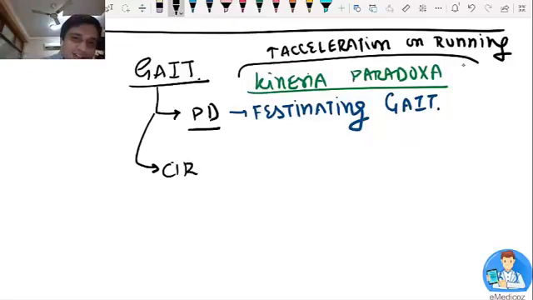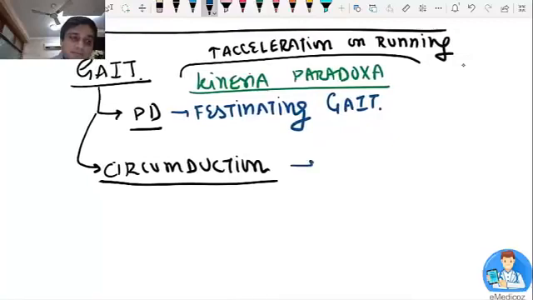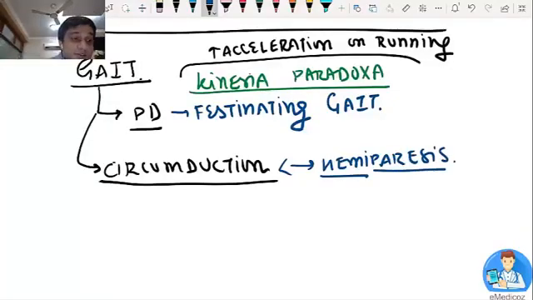Another gait that we find is the circumduction gait. If you know this circumduction gait, it is seen in typical patients of hemiparesis. The word is half and the word is paresis.